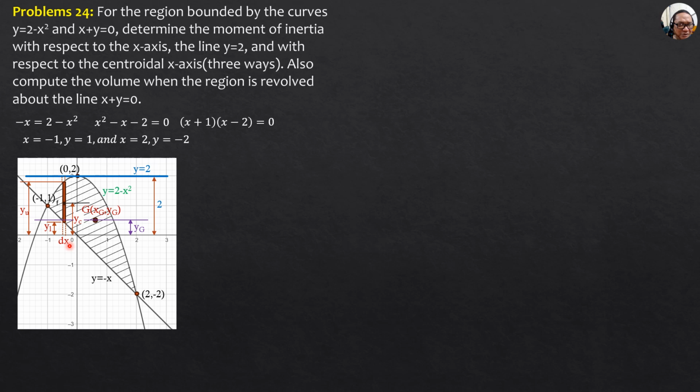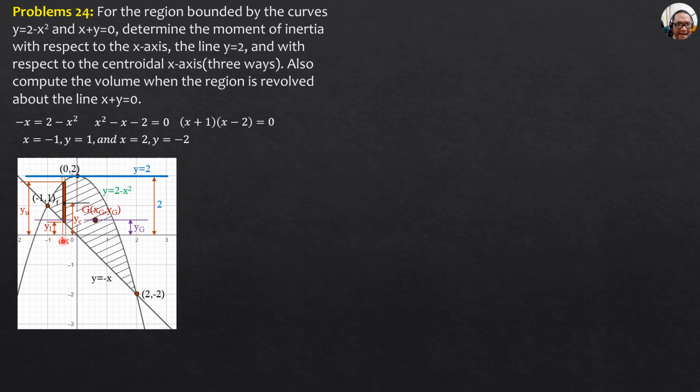Now there are two rectangular strips. The base is dx, which is also the variable of integration x. Then 1/3 dx upper y cubed, minus 1/3 dx lower y cubed. That's y sub L.